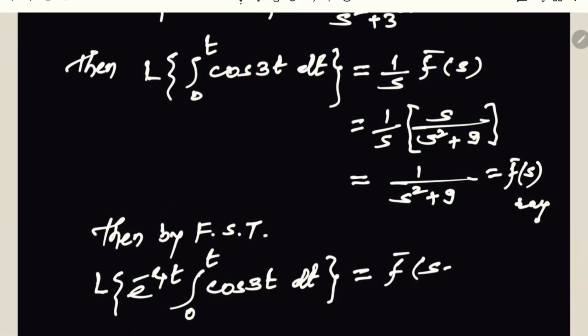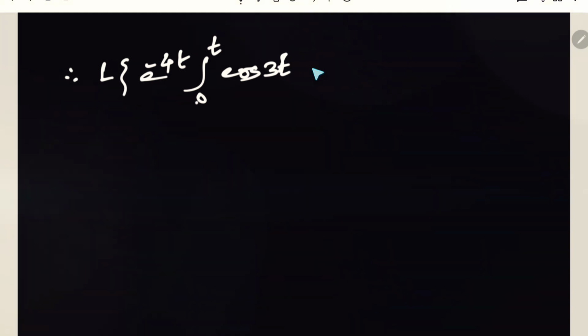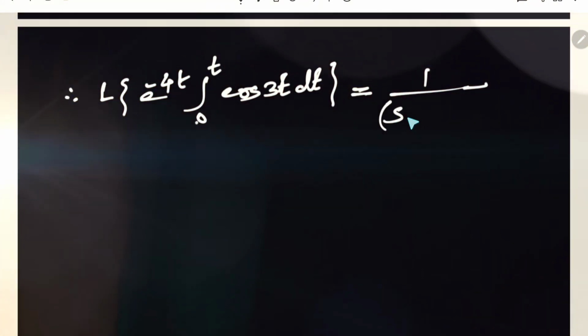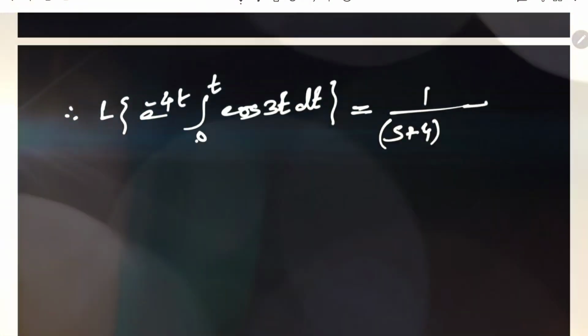Therefore, f bar of s plus 4, and the final answer is 1 upon s plus 4 whole square plus 9. Therefore, Laplace of e raised to minus 4t integration from 0 to t of cos 3t with respect to t is 1 upon s plus 4 whole square plus 9. 3 square means 9. The required answer.